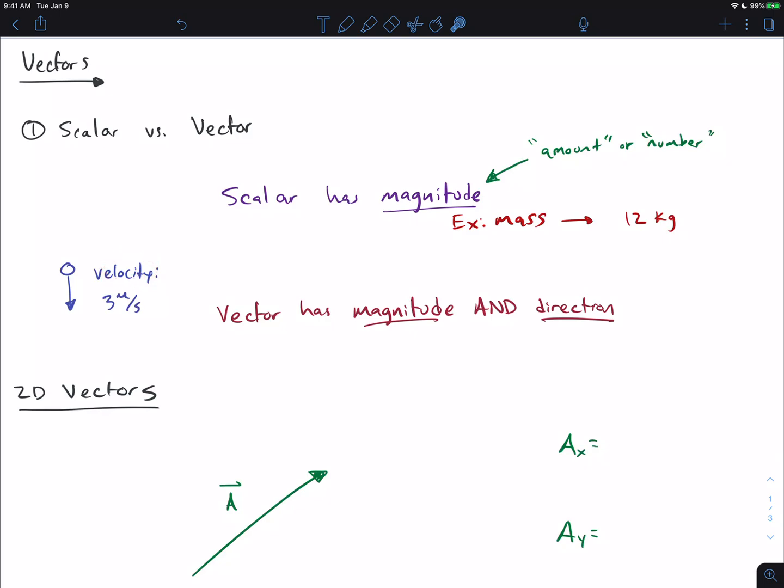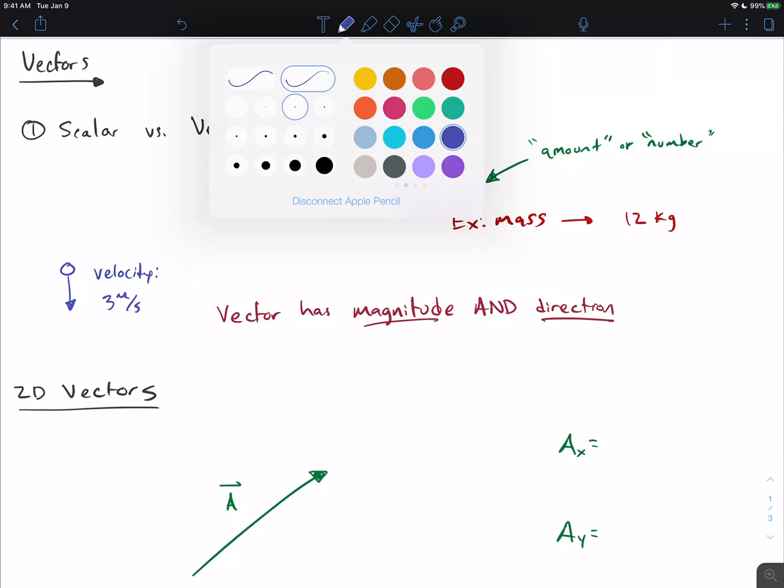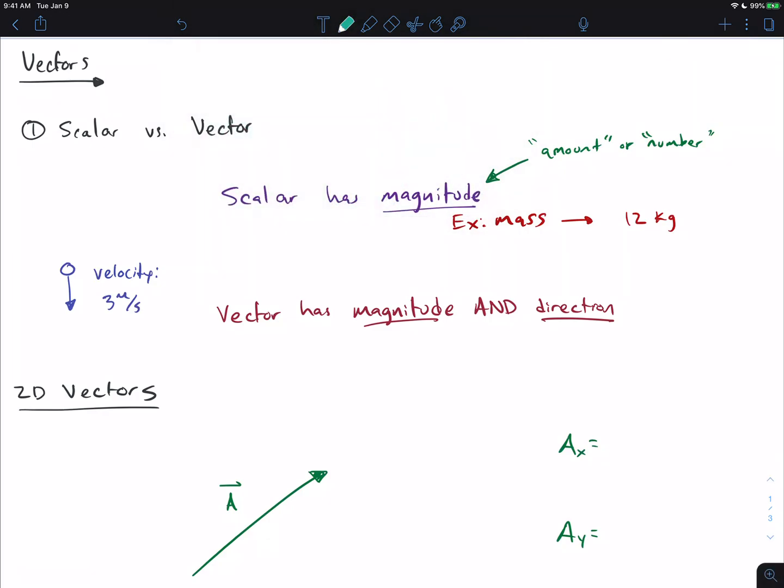Velocity always needs two parts, and we'll get more into why this is later on, but it's important for us to know that velocity has two parts. One is the speed, right? The other one is the direction. So I'm going to mark this with a negative.